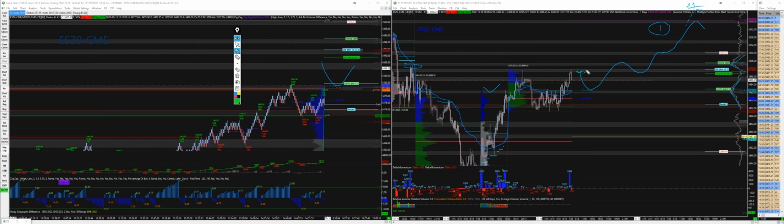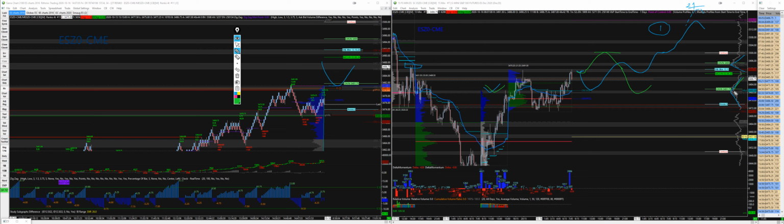We open. Test the century figure. Find our sellers. Go back into the range. Test the overnight mid. Day session high.